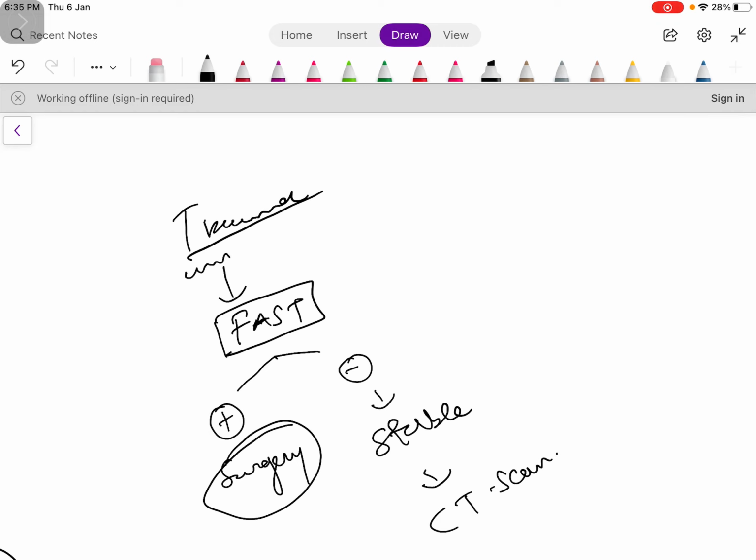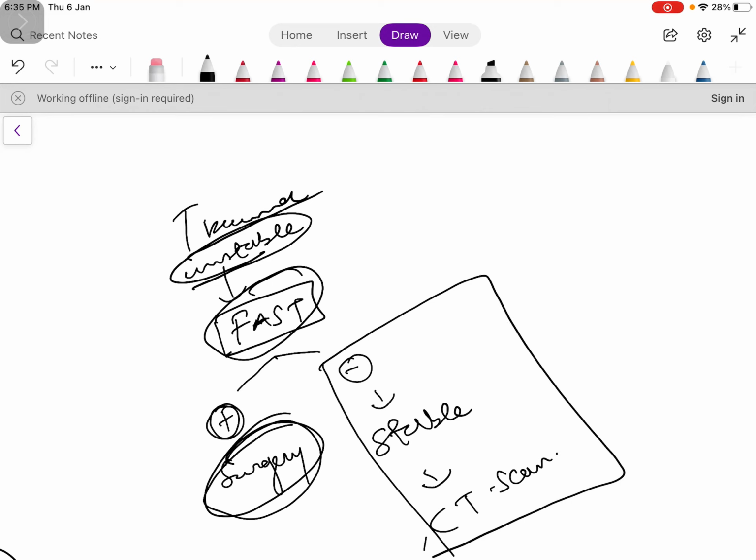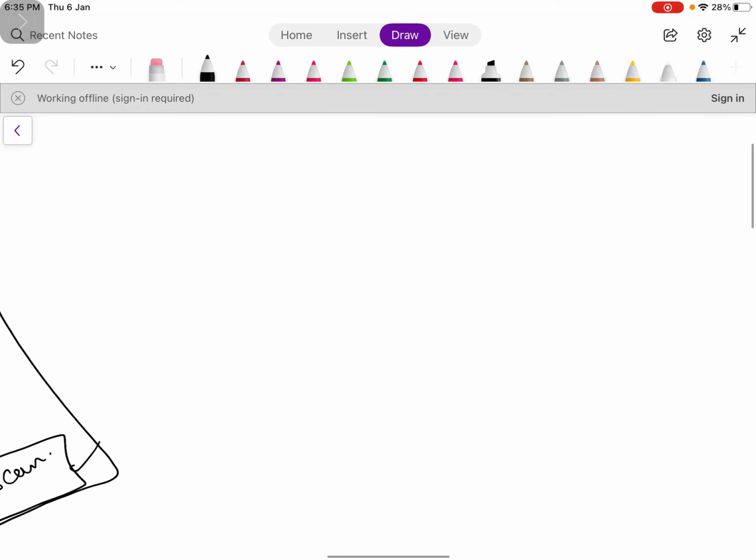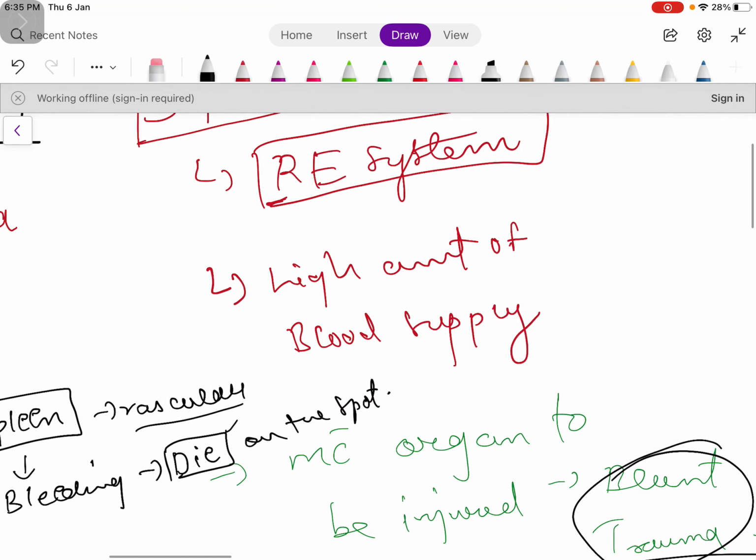Here the patient should be unstable: first, if the patient is unstable, you do the FAST, and if it is positive, go for surgery. If the patient is stable, you directly go for CT scan. So this is the criteria.